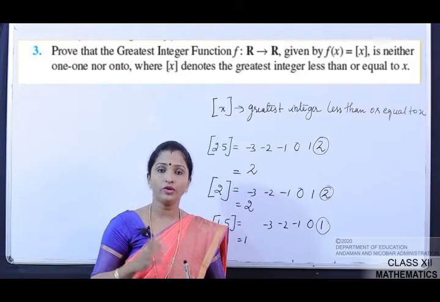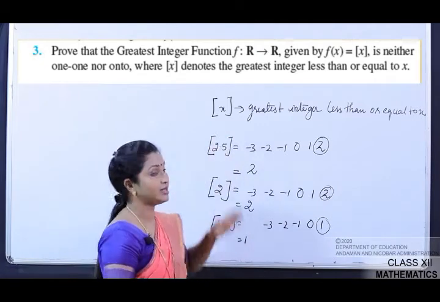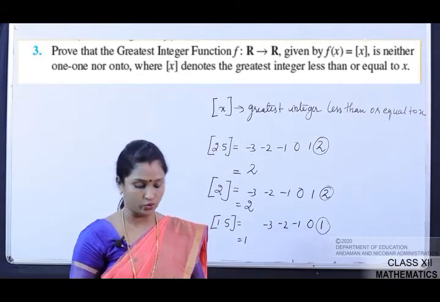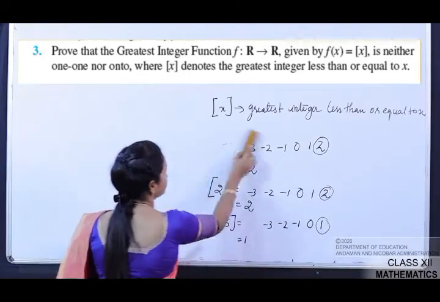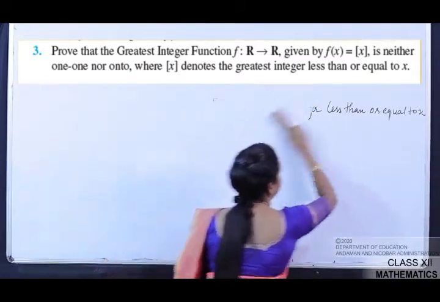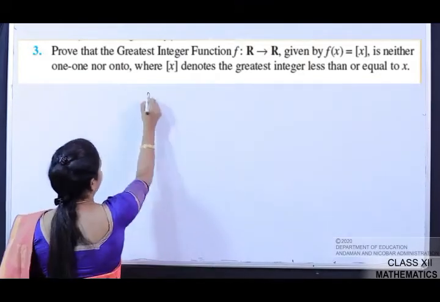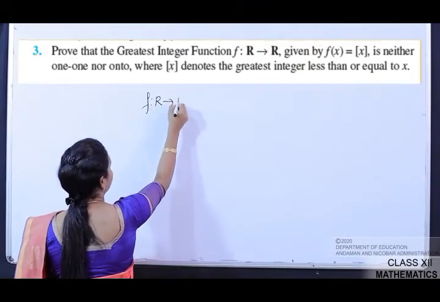ठीक है. Now if you see this question, you have to prove that this greatest integer is neither 1-1 nor onto. So let's see how to prove this question. Now first of all, I'll give you one example because आपको पहले example मालूम होना चाहिए कि example से आप कैसे इसको prove करोगे.